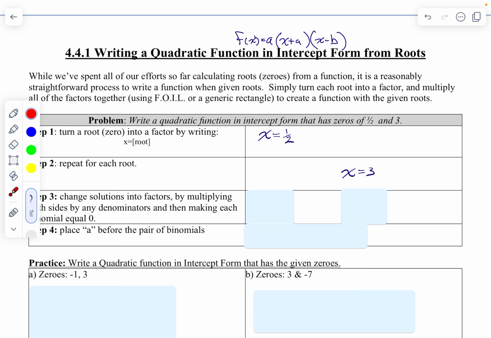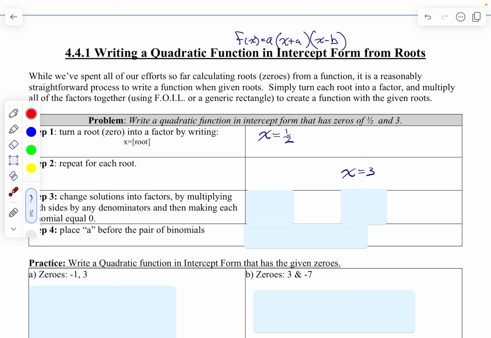So to start, if we know our solutions, we know our zeros, we know our x-intercepts, to start writing our function in intercept form, or that factored form, we start by saying x equals each of our zeros. So x equals 1/2, x equals 3.